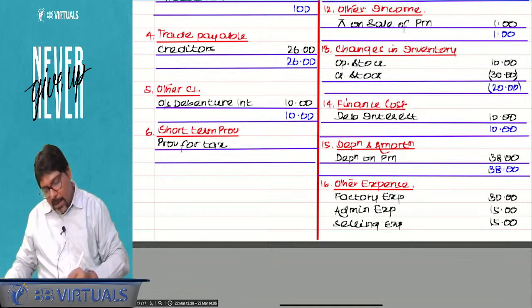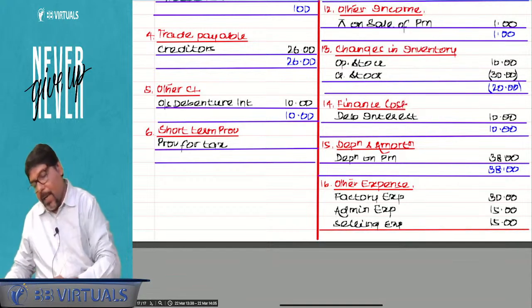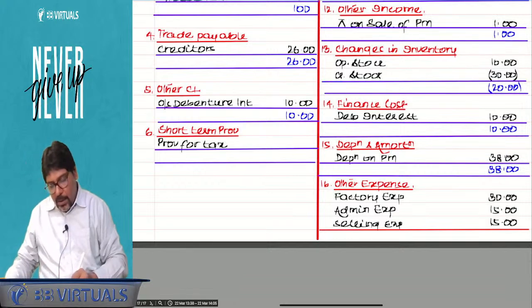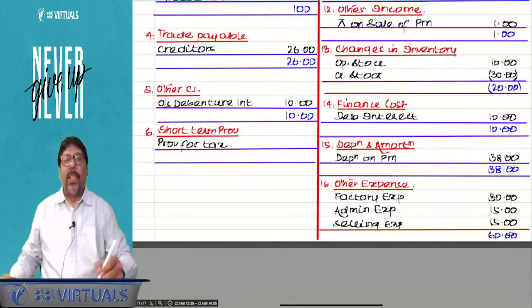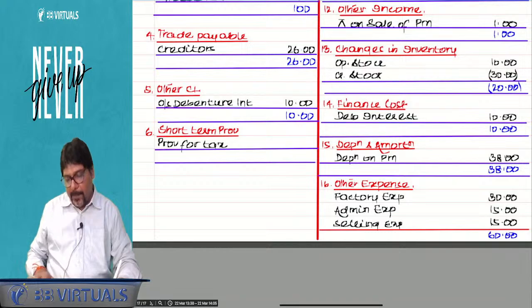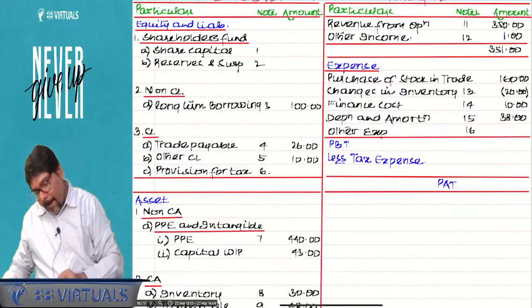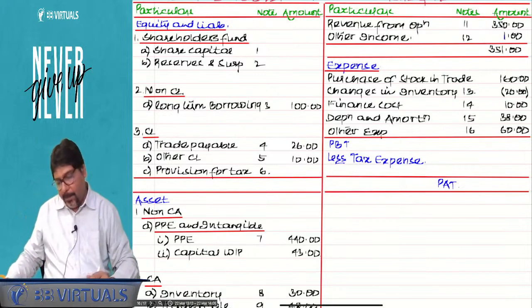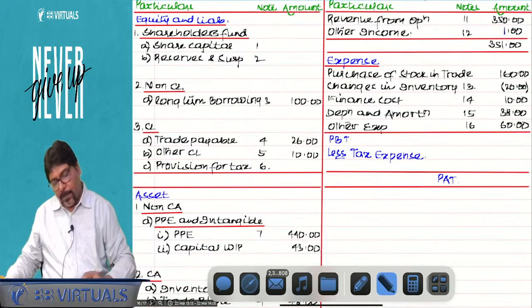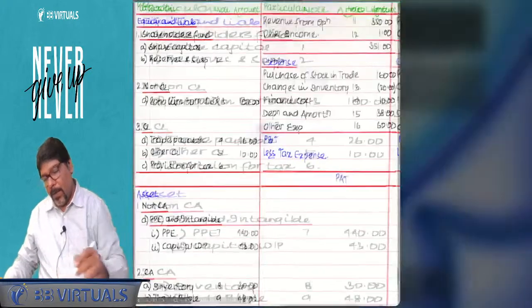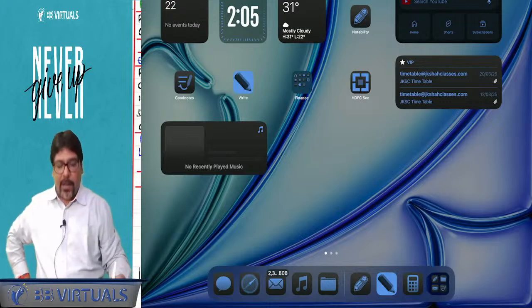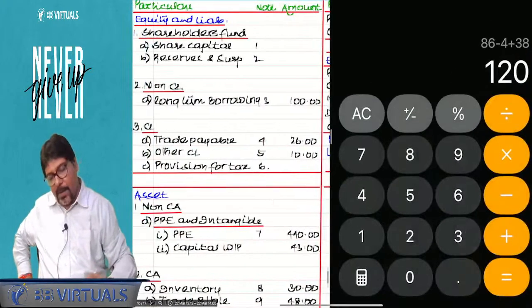Last page, last line. How much? 60. Now we are supposed to calculate profit.